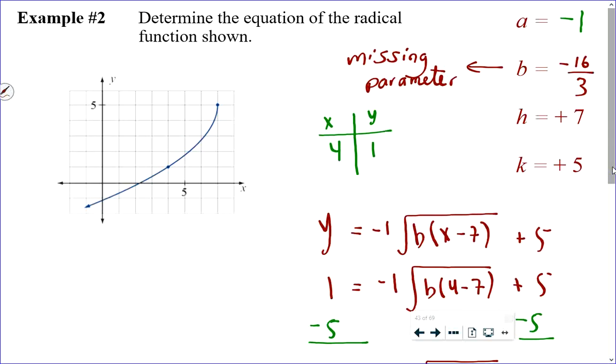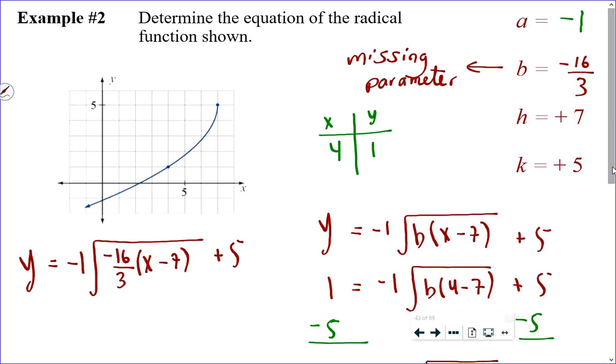Which means the function is y equals a f of b x minus 7 plus 5. Okay, let's try something now. So what this means, by the way, is the horizontal stretch factor is 3/16. Let's try something.